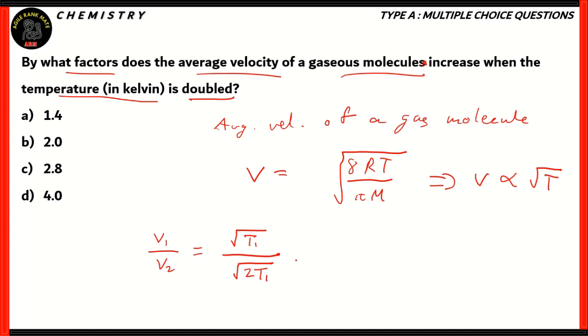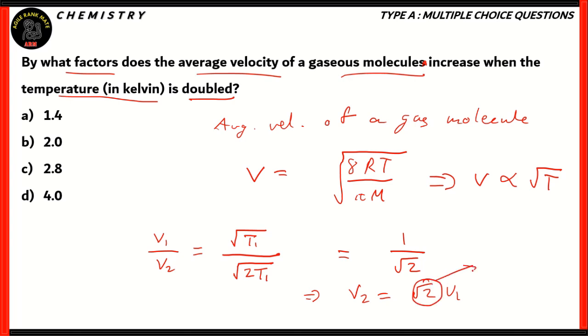All right. So basically 1 over root 2, that means V2, or the velocity of the gas molecule when the temperature is doubled, would increase by a factor of root 2.